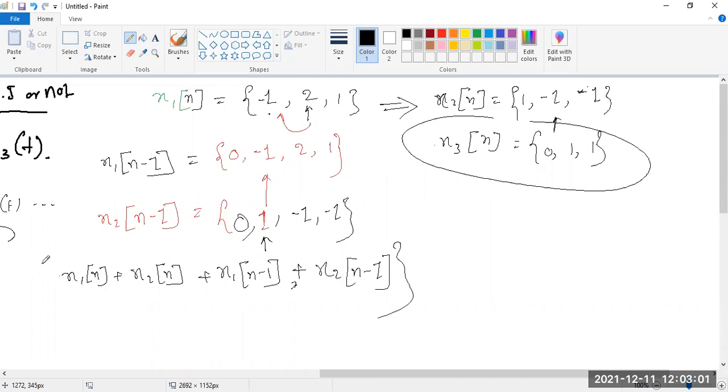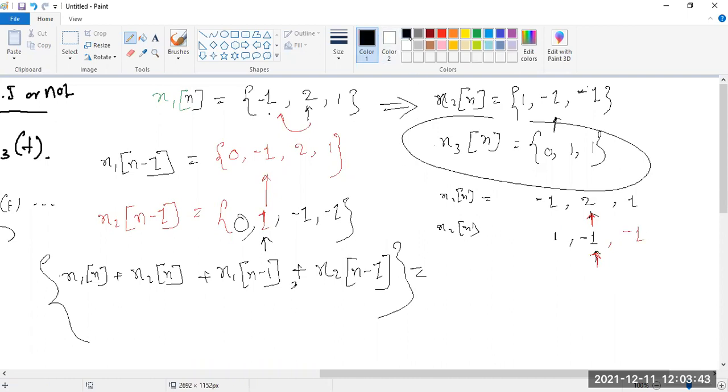If you add this, what will be the result? You just arrange it, then you can find it. If you arrange this, x1[n] is -1, 2, 1. Here x2[n] is 1, -1. I put all the zero positions over there so that you can understand.